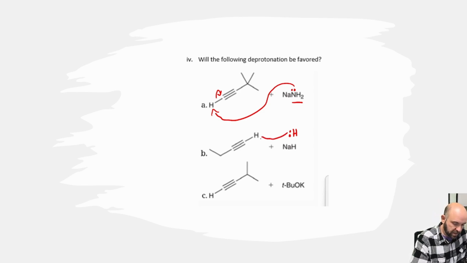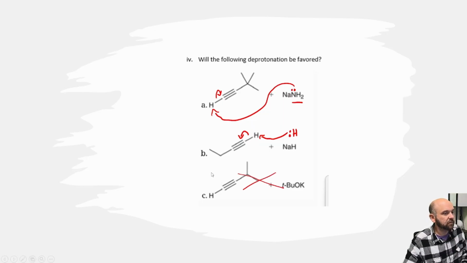That hydride ion can bind the proton there, leave the electrons in the bond, forming an acetylide ion, and also some H2 gas. In the final example there, if we go back and look, we see that the oxygen bases are typically not strong enough to deprotonate the terminal alkyne, so we would not expect that to lead to formation of any products.